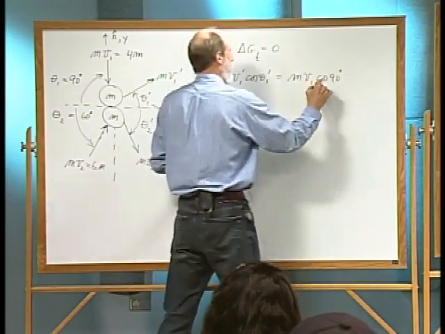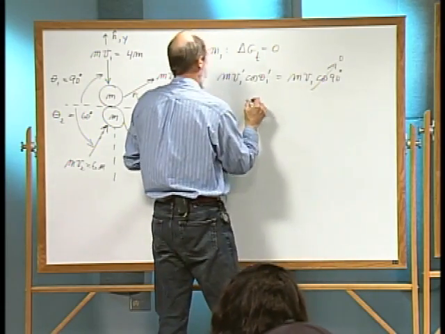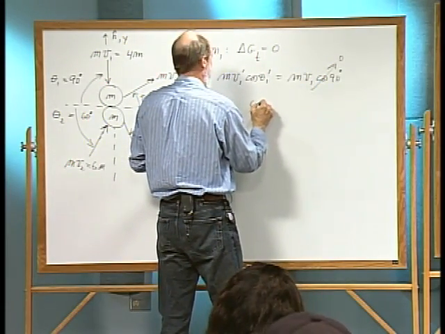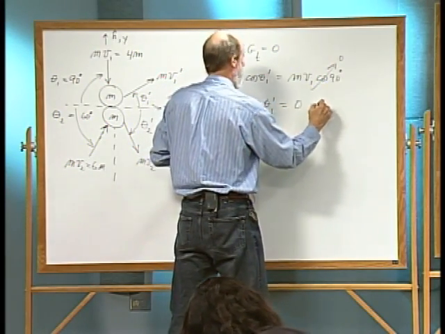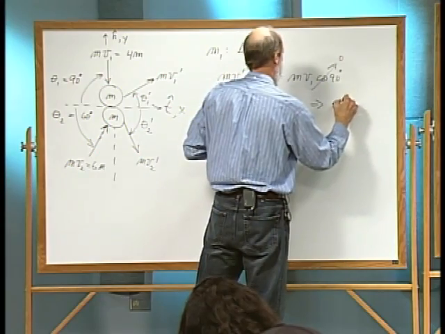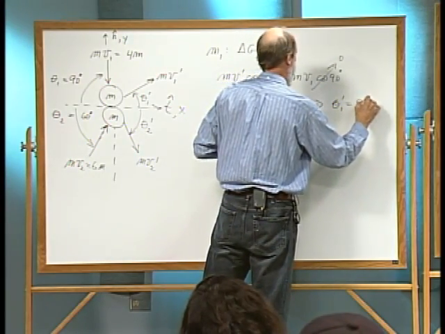We can see that this goes to 0, which means that cosine theta 1 prime must equal 0, which implies that theta 1 prime must also equal 90 degrees.